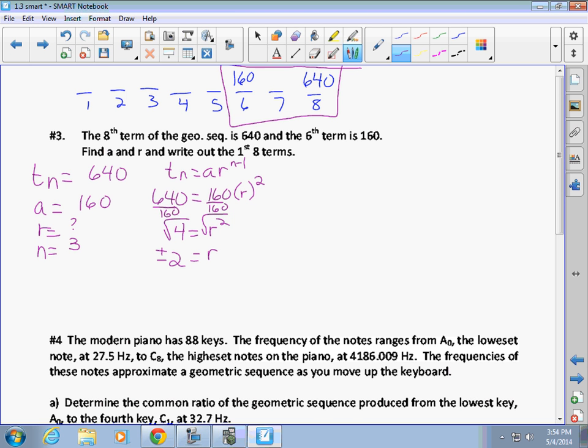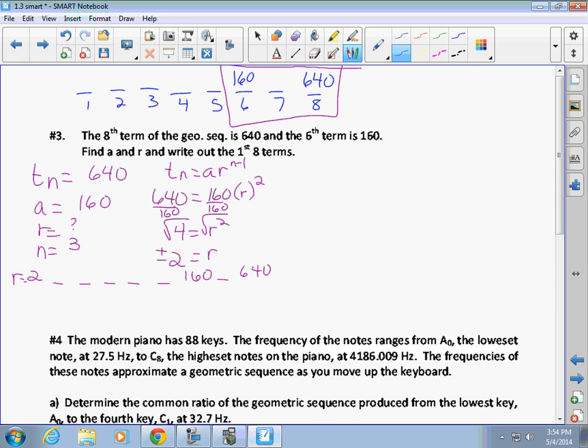So knowing that I have a ratio of 2 or negative 2, I can now figure out what the other values would be. So if r is equal to 2, I've got 1, 2, 3, 4, 5, 160, blank, 640.